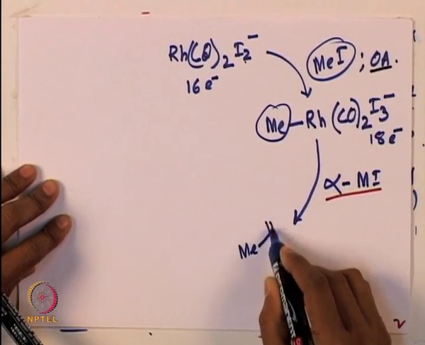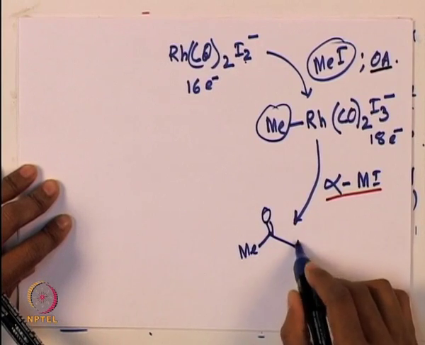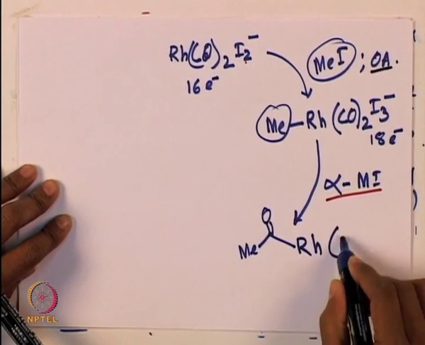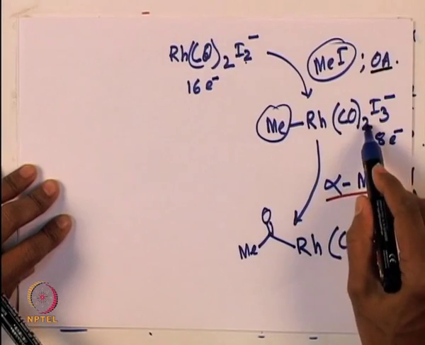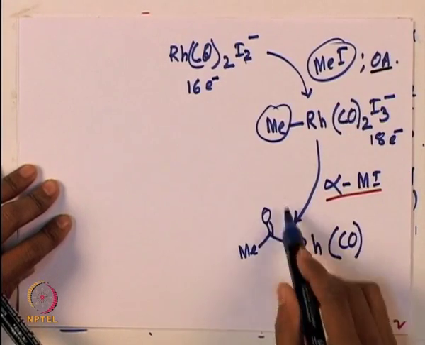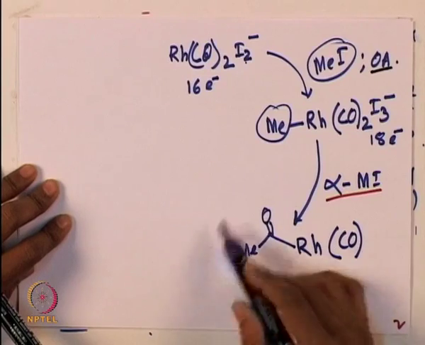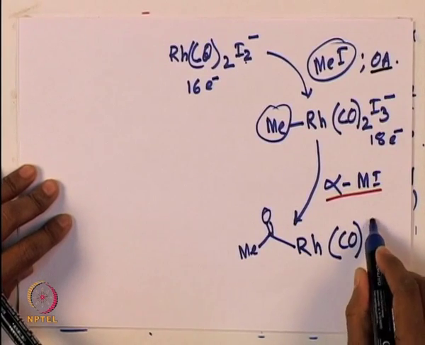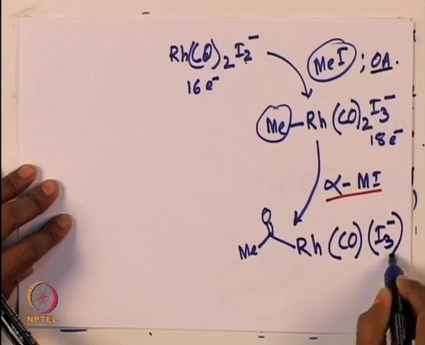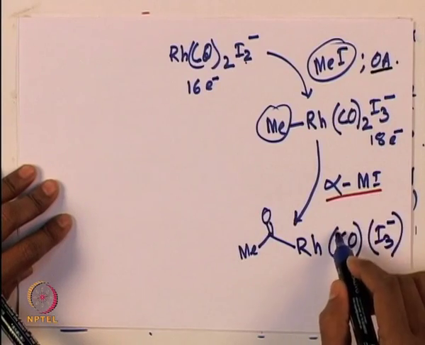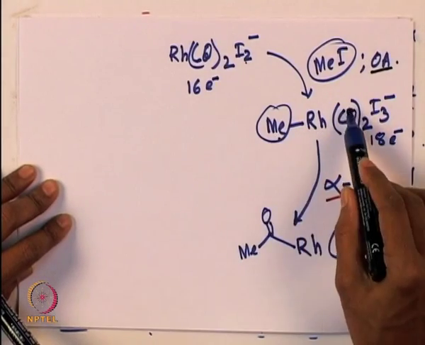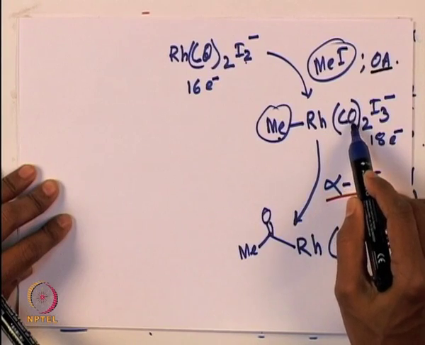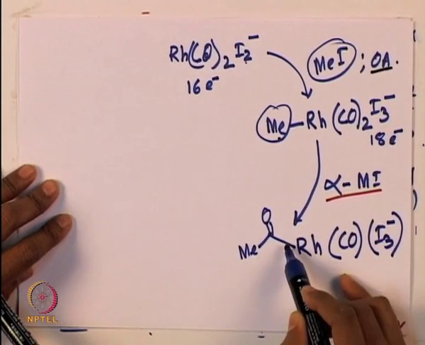So you will get acyl formation with the metal component being there. So one carbon monoxide is less now. That carbon monoxide has been incorporated into this acyl component, and you have I3 minus, right. Now this is the alpha migratory insertion. So the alkyl group has migrated to one of the carbon monoxides to form the acyl group.